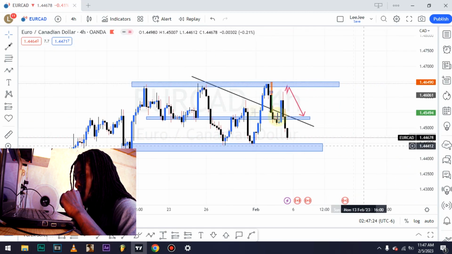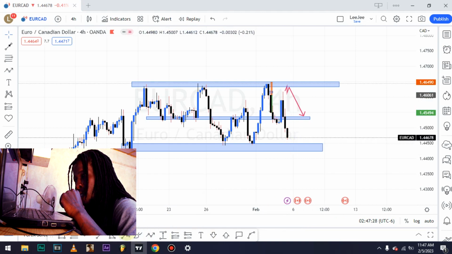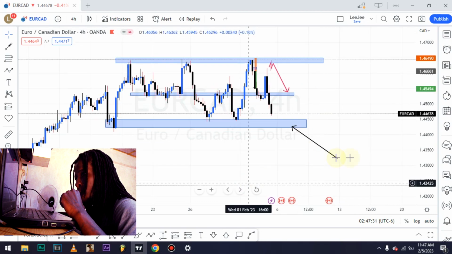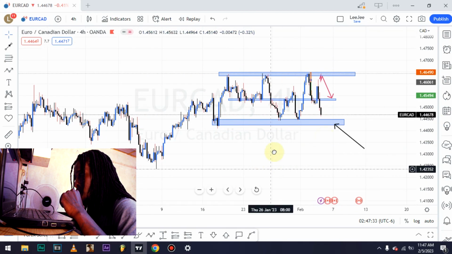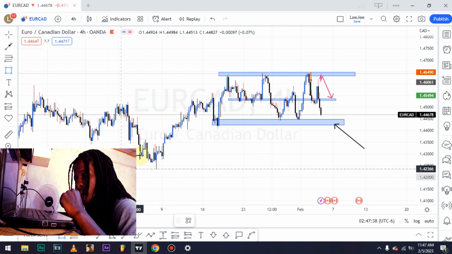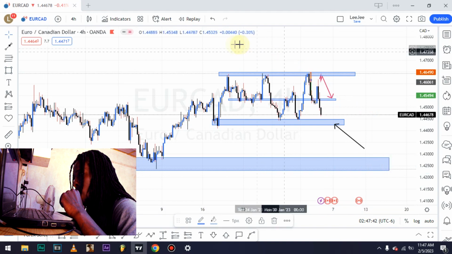So currently this is what's happening. Price is coming to retest this previous support over here, guys. If it breaks the support, I'm anticipating that price will come and retest this previous zone over here. But how will I enter this market?